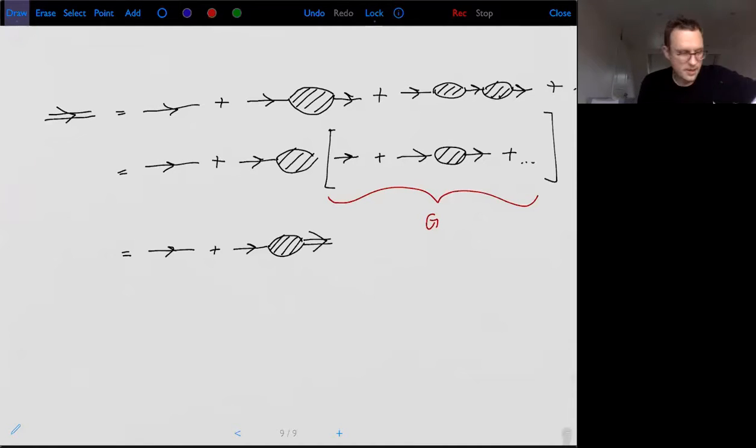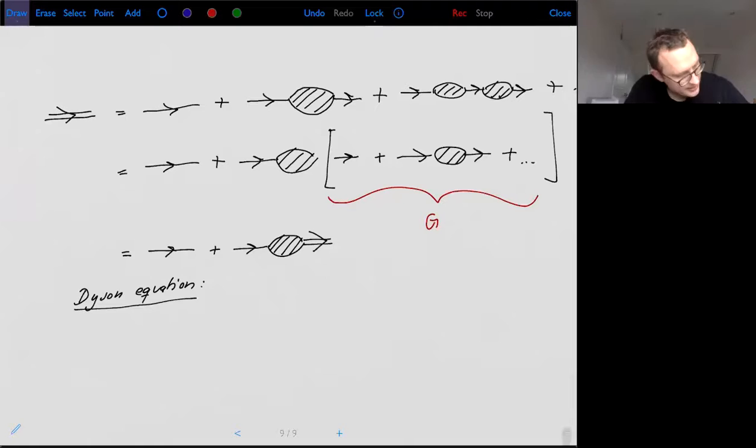All right. Now, we can again express this diagrammatic equation as an analytic equation, and this is the famous Dyson equation. So what is it?